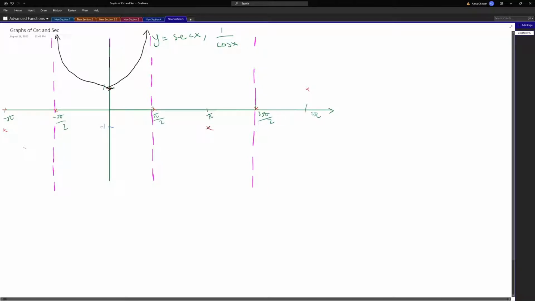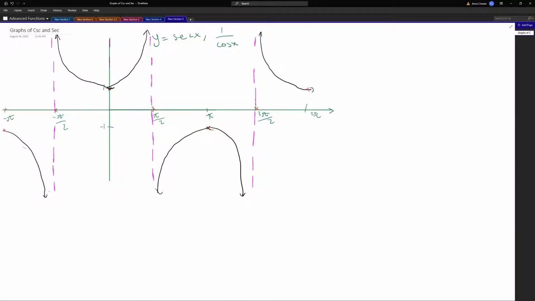From our local minimums, we should be going to negative infinity. So over here, we could just draw half the branch, so we know it's continuing. And over here, we could actually draw half of the negative branch, since we know it's still continuing. This is the graph of secant of x.